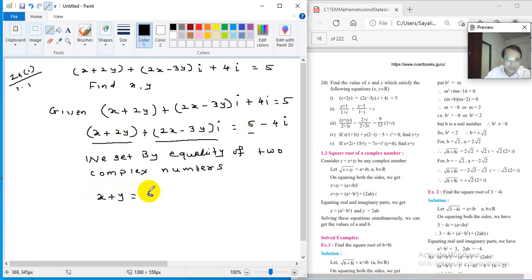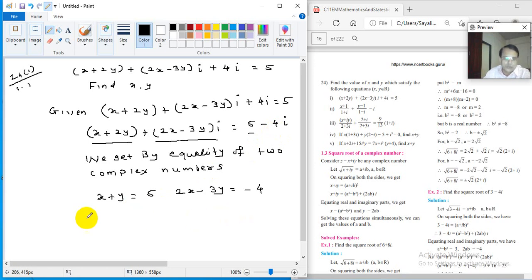So they are equal. And also 2x minus 3y, which is the coefficient of i, it is the imaginary part, and on this side it is minus 4. So it is minus 4. So imaginary part is to be considered along with that sign. We cannot ignore the minus sign here.